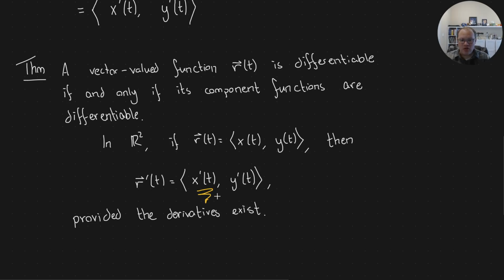If either one of these derivatives does not exist, then the derivative of the entire vector-valued function does not exist.